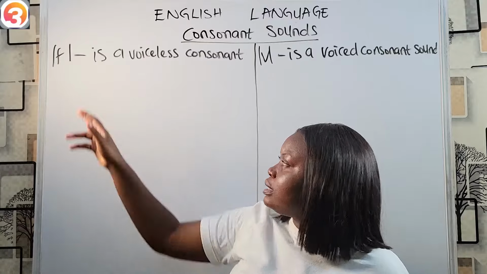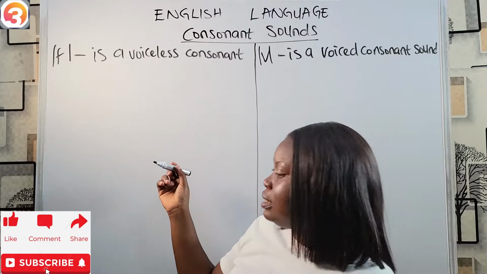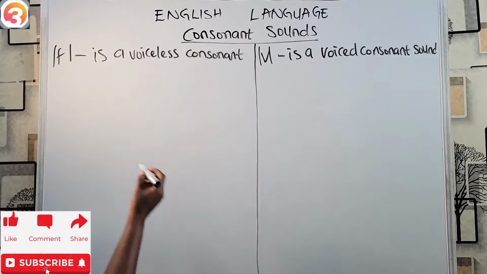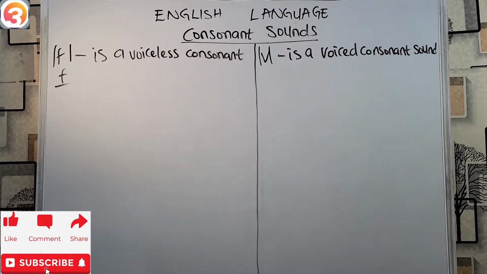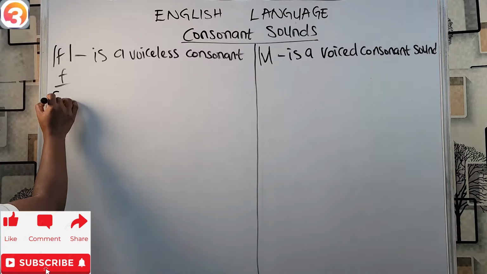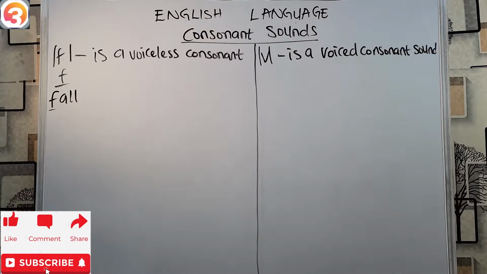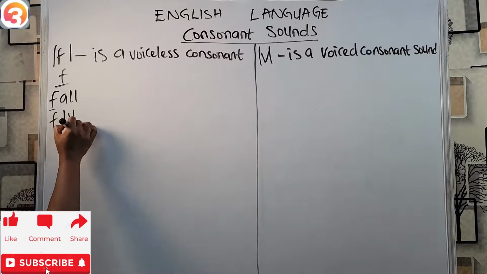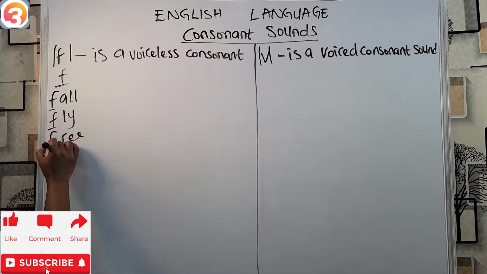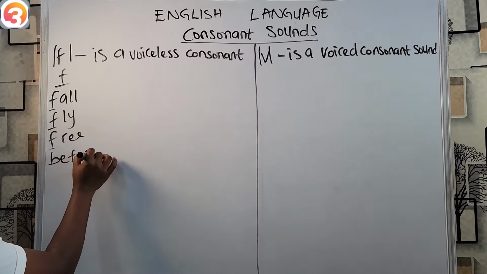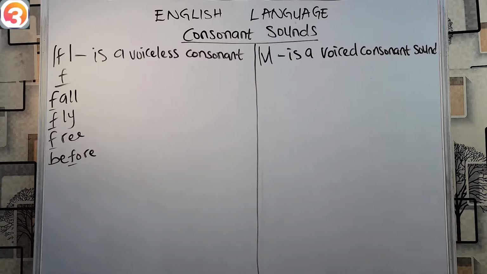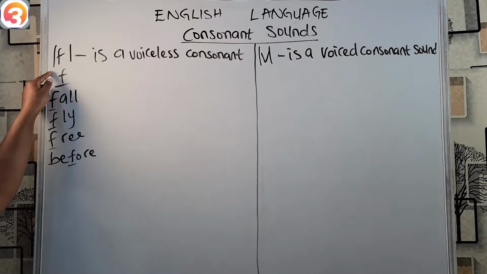So we start with the voiceless consonant sound /f/. It can be found in words containing the letter F, whether at the beginning or in the middle of the word. Examples: fall, fly, free, before.